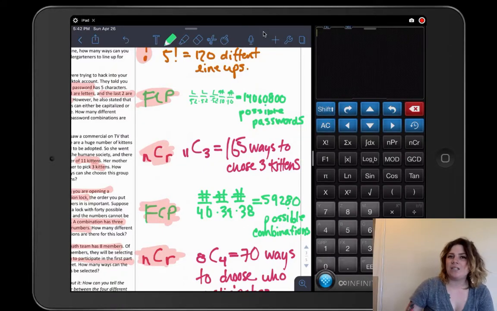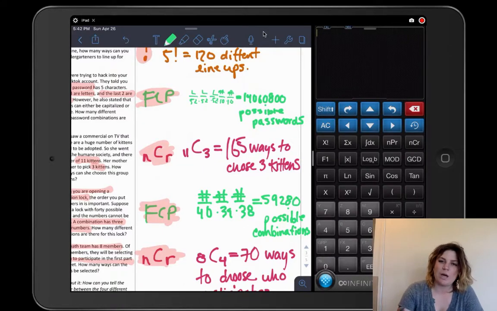Something kind of interesting that happens with permutation, factorial, and FCP is that sometimes you can get the right answer by doing it a different way. So notice that if I were to do this and I were to say, I have 40 and I need to choose 3 in a certain order, then I'm going to get the same answer.